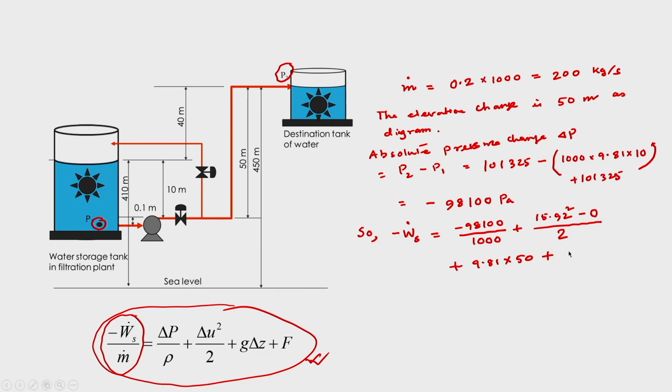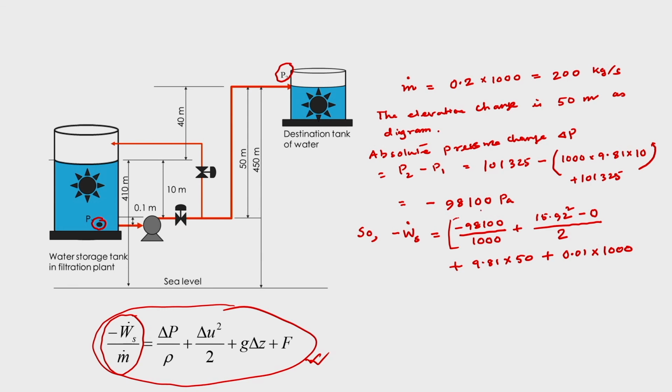As you know, as per the problem, the frictional loss depends on the acceleration of the water and the length of the pipe. The acceleration is given as 0.01 meter per second square, into the pipe length of 1000. So finally we get delta P by rho, the kinetic energy change, the potential energy and the frictional energy.